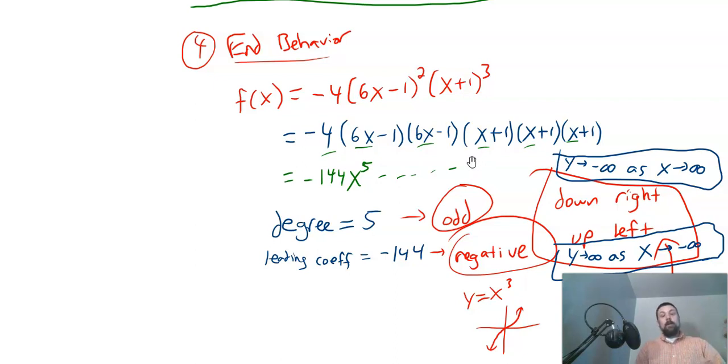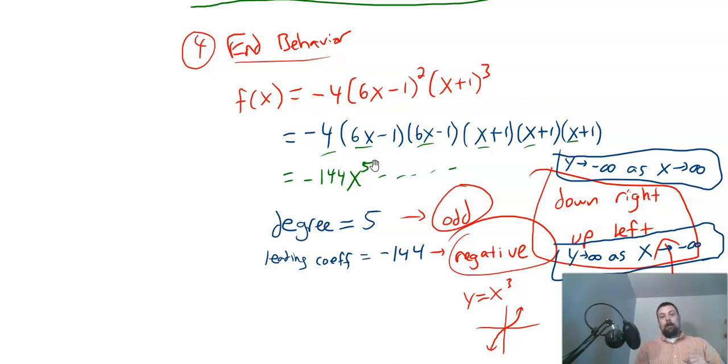I really only care for the end behavior about the highest power of x, and that will be produced when the first terms all get multiplied together. So I took 6x times 6x times x times x times x times the -4, because all of those would get multiplied by -4 eventually, and I came up with this.